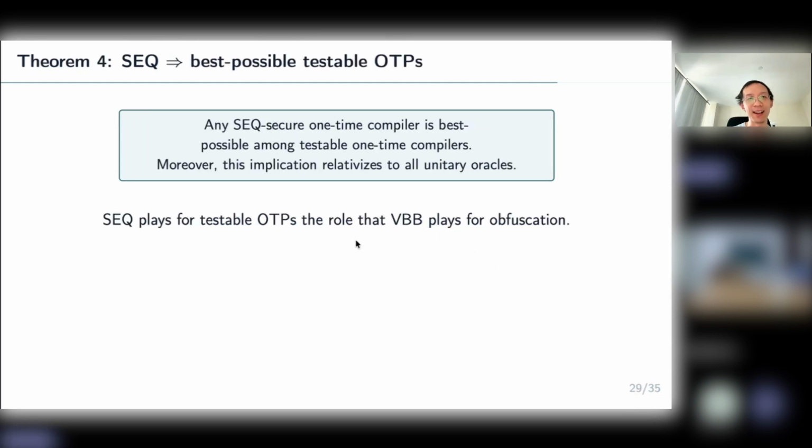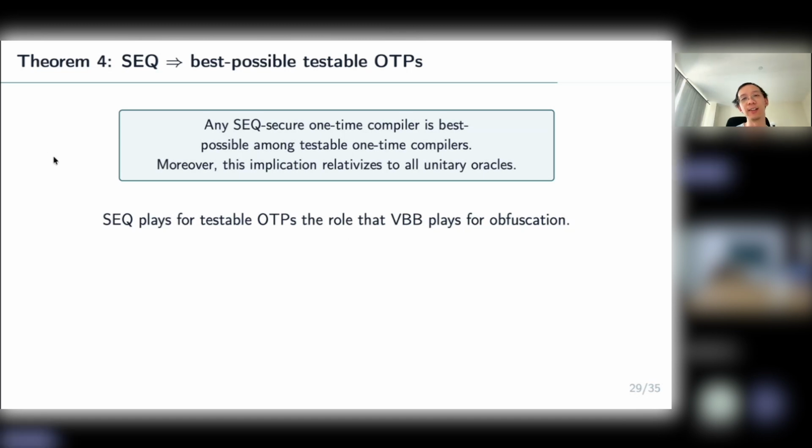Okay, but the more interesting result here is the following, where we show that SEQ security gives you best possible testable one-time programs. Formally, if you have a one-time compiler that achieves SEQ security, it also achieves best possible security amongst all testable one-time compilers.